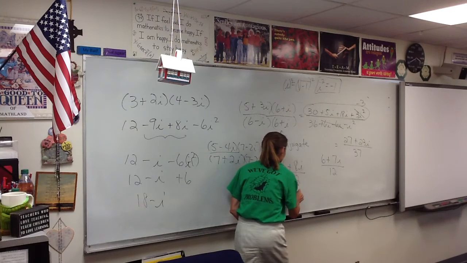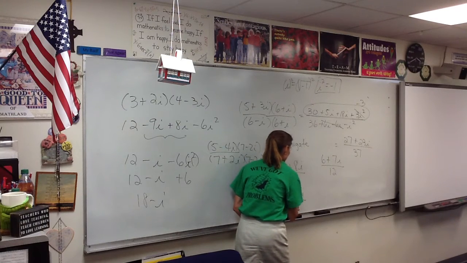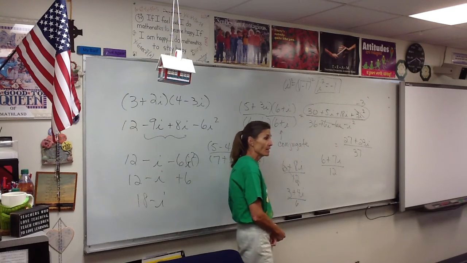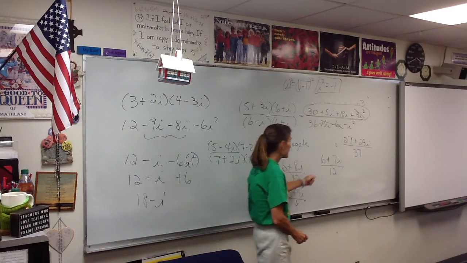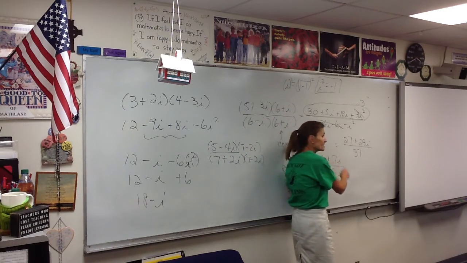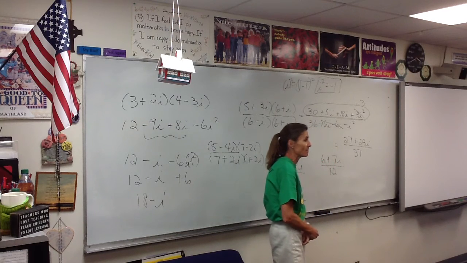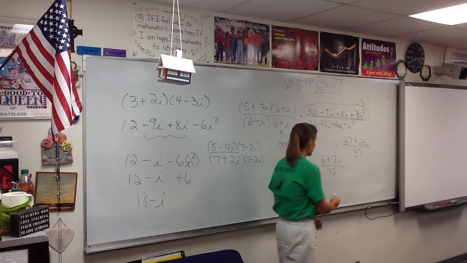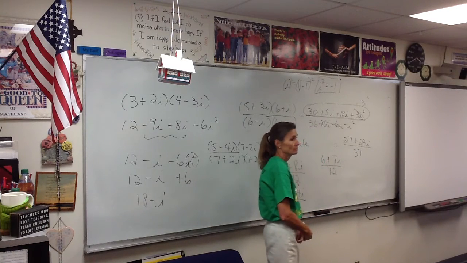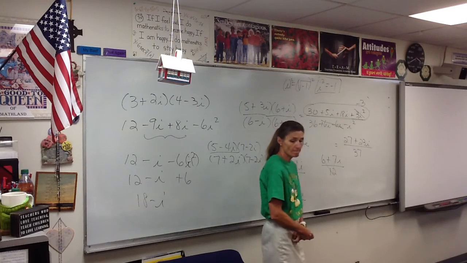So that would be 3 plus 4i over 6. And that's fine. Here, you cannot cancel anything because the 7 doesn't participate. So don't be tempted. Okay?